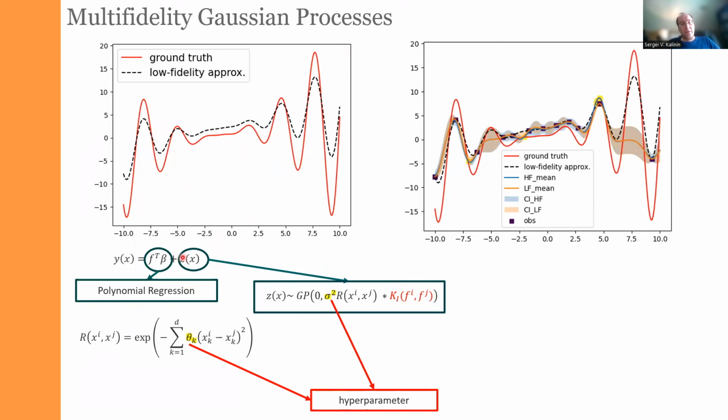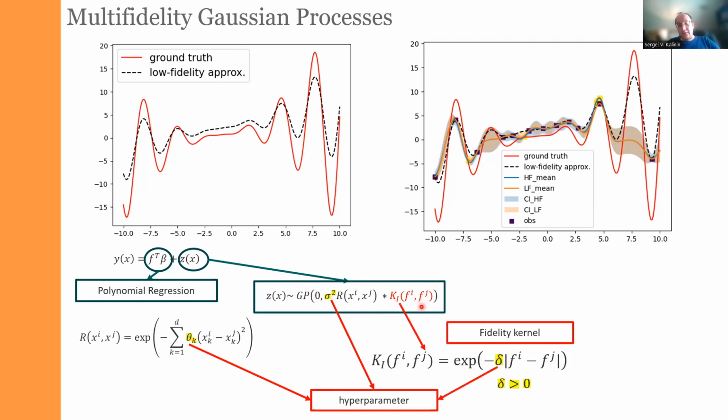So we have one function which is defined in our low fidelity space. So this is a low fidelity measurement. We have another function which is a surrogate model in the high fidelity space, so high fidelity measurement. And we have some relationship between the high fidelity measurement and low fidelity measurement.